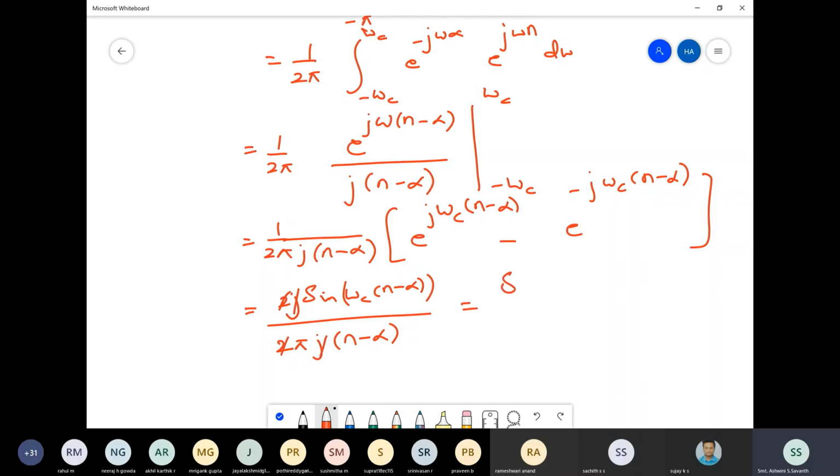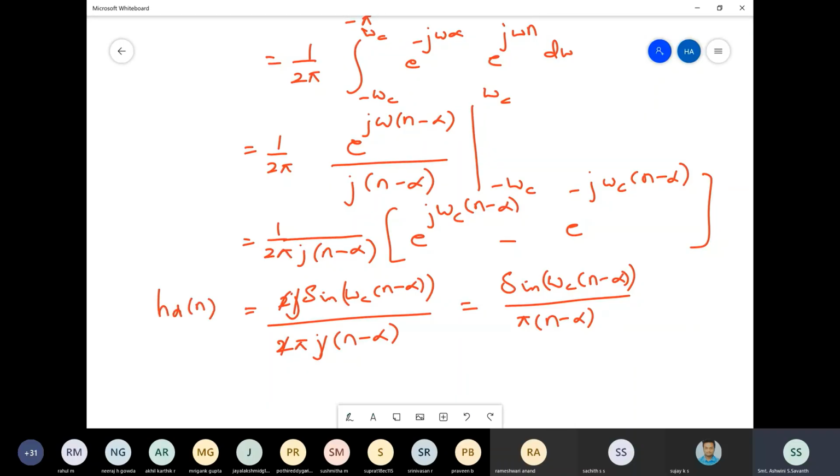You are left with sine omega c into n minus alpha divided by pi into n minus alpha. Okay, so that is HD of n.